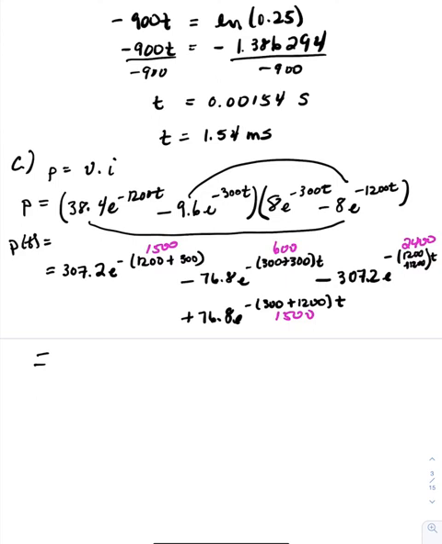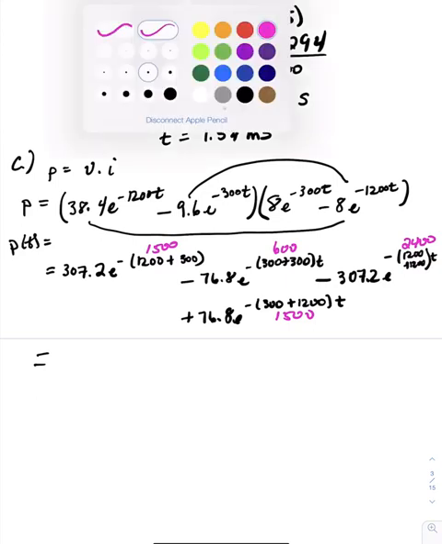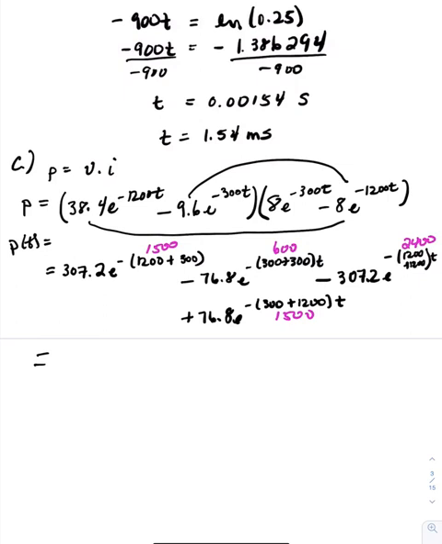So 76.8 plus 307.2 is 384 e to the minus 1500 t minus 76.8 e to the minus 600 t minus 24. Nope, got ahead of myself there. Minus 307.2 e to the minus 2400 t.